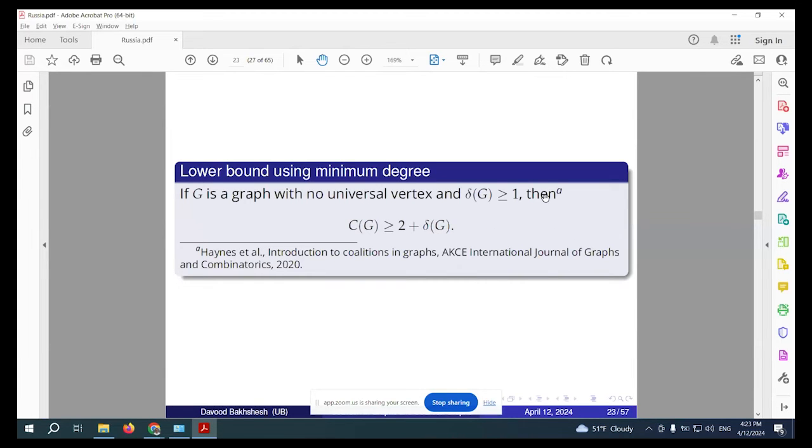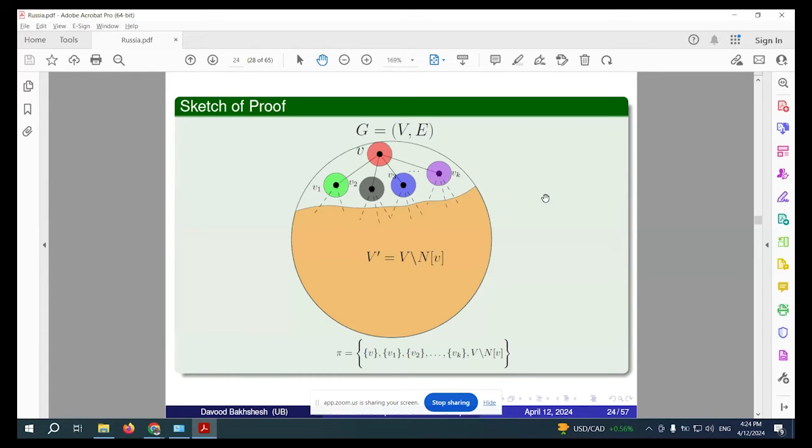And there is another lower bound using the minimum degree. If G is a graph with no universal vertex and delta(G) is at least 1, then the coalition number of G is at least 2 plus delta(G). Now we will present the proof of this result. We present the general concept of the proof.